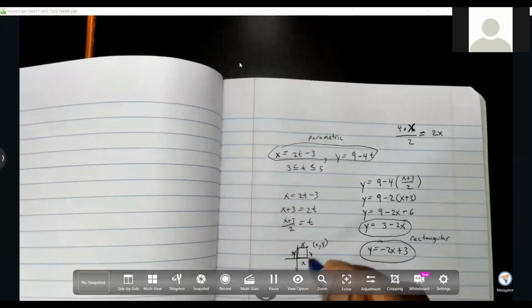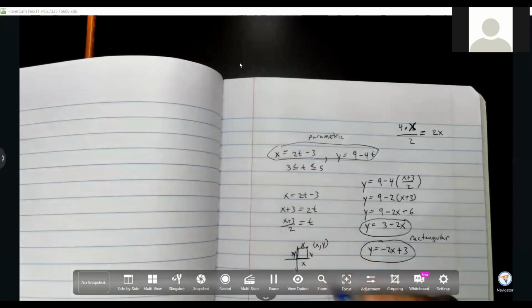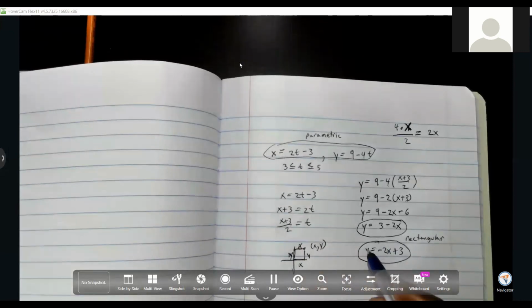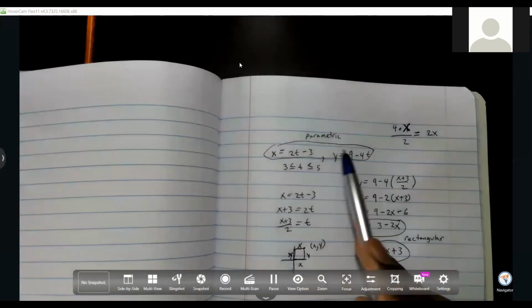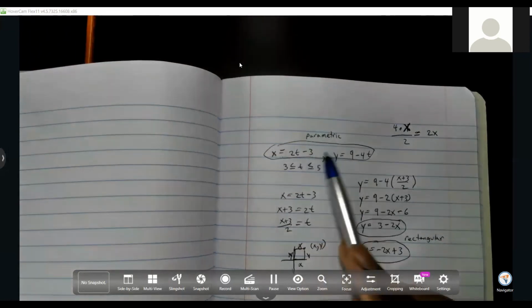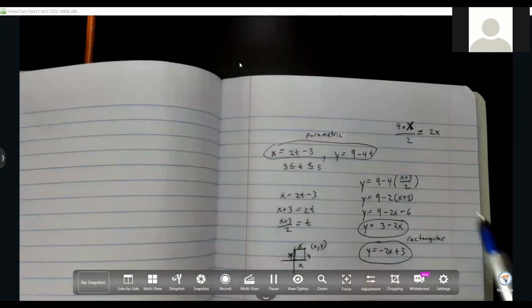And so you end up forming a kind of rectangle when you graph at any point. So the normal way of writing stuff in terms of x and y is called rectangular, whereas this way, where we're using an extra parameter, which is t, is called parametric.